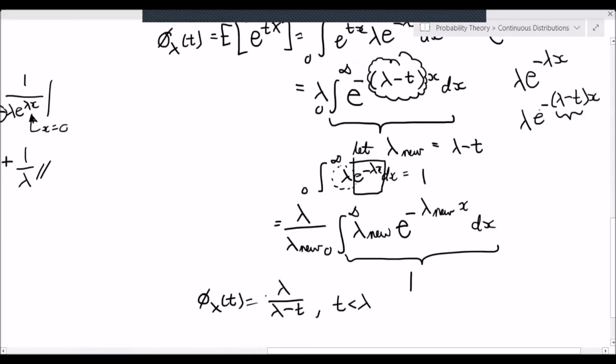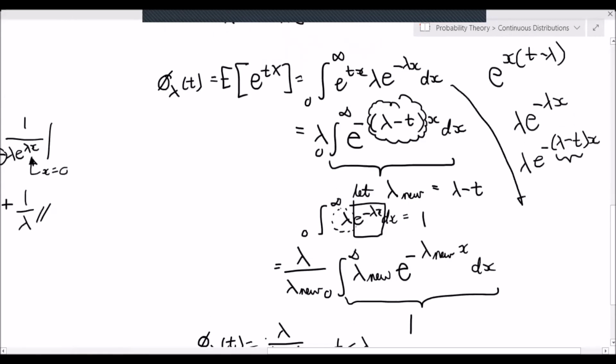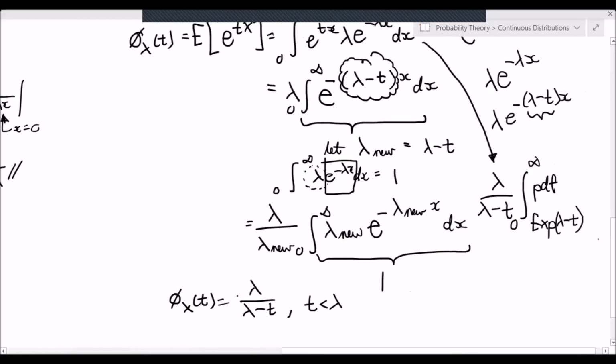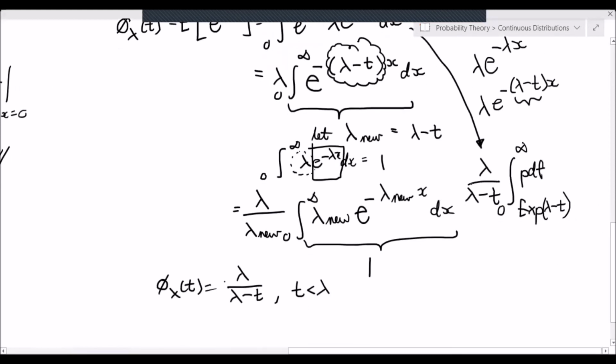So we have transformed this equation into lambda over lambda minus t times the integral from 0 to infinity of the PDF of an exponentially distributed random variable with lambda minus t as its rate parameter. So we changed the rate parameter and we divided by a constant here so that we could avoid having to do integration. So make life easier for yourself.